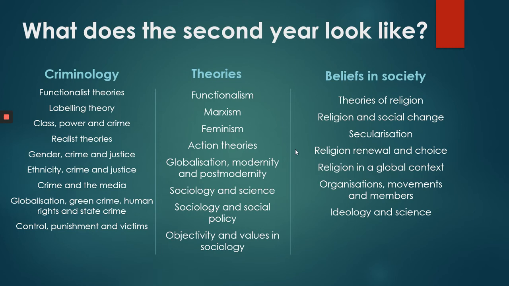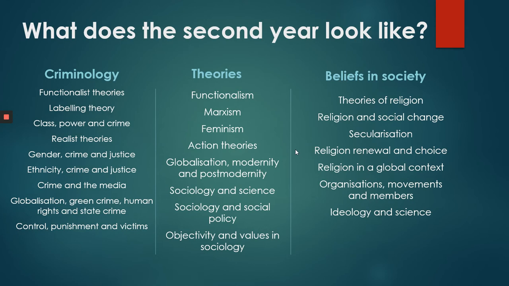And then theory, so sociological theories, the top three: functionalism, feminism, we would have explored in quite a lot of detail in education, and that was action theories and postmodernism that we look at.